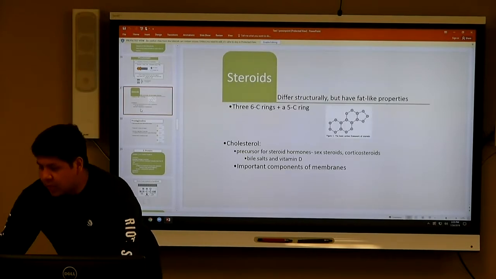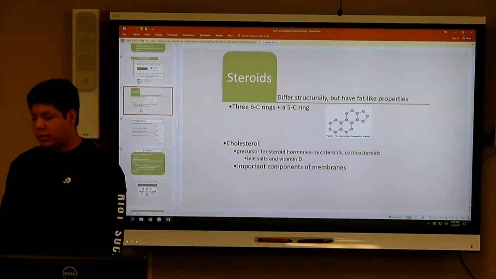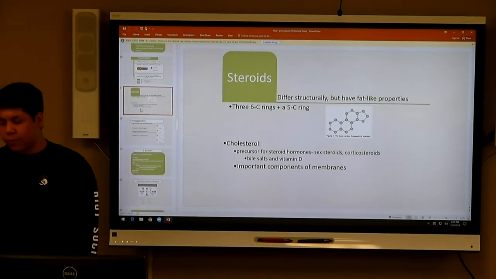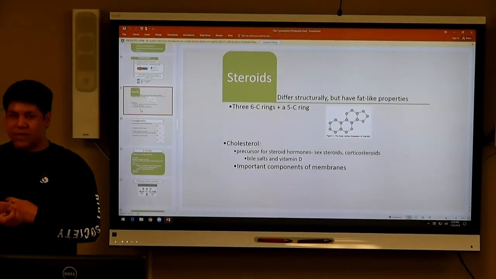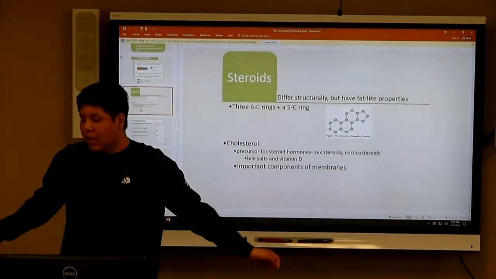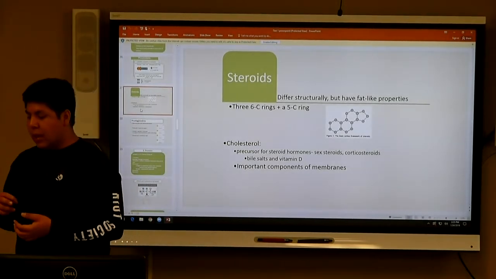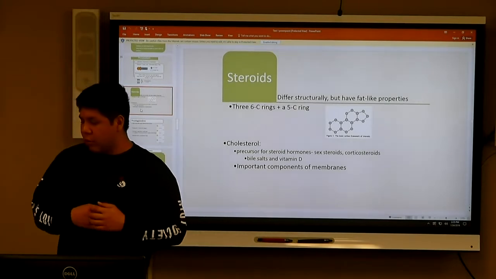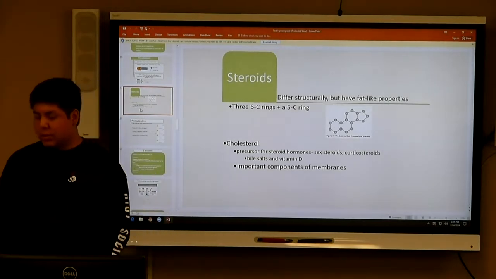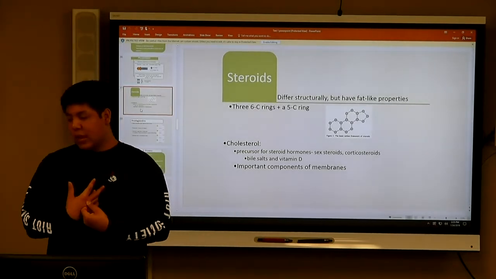Steroids differ structurally but have fat-like properties: three 6C rings and a 5C ring. Cholesterol is the precursor for steroid hormones, sex steroids, corticosteroids, bile salts, and vitamin D. It is an important component of membranes.